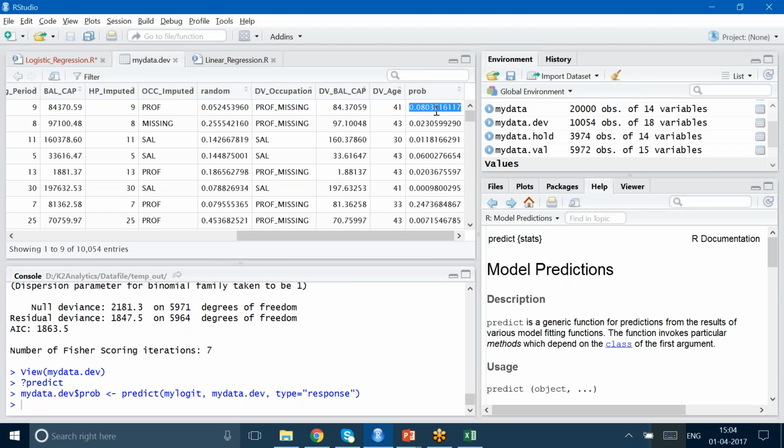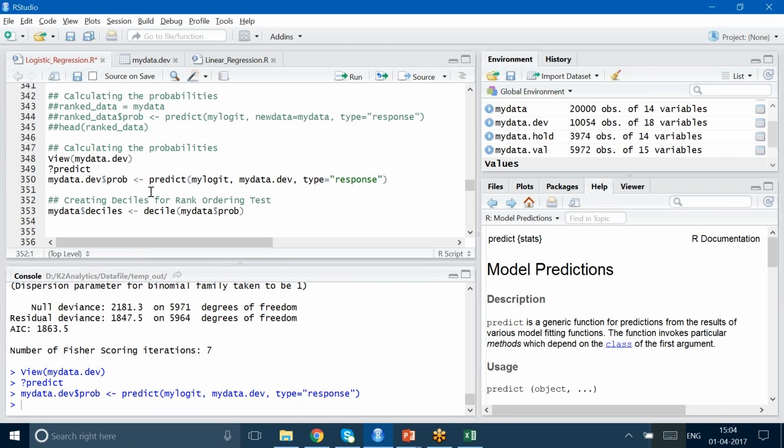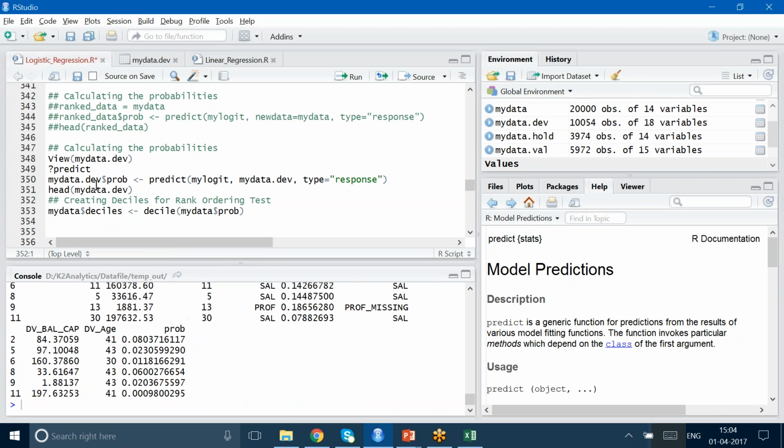Let me show you in head, using the head command. So what is the probability of a customer responding? We can estimate these probabilities also. How can we estimate them? Let us do that.